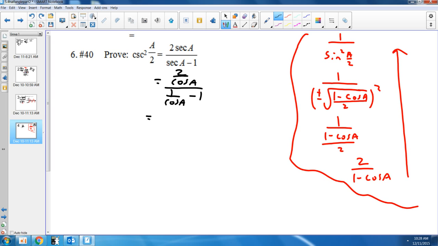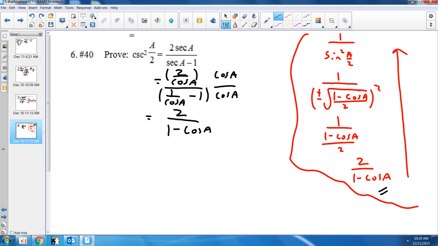By multiplying by cosine A, I'm going to see the top becomes 2, cosines cancel. The bottom becomes 1 minus cosine A, and that's exactly where I'm at with this.